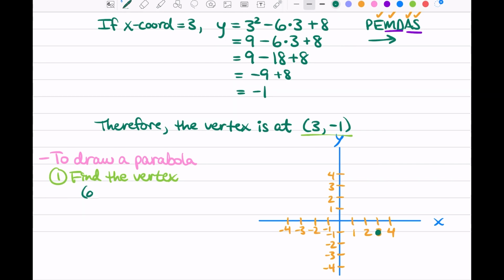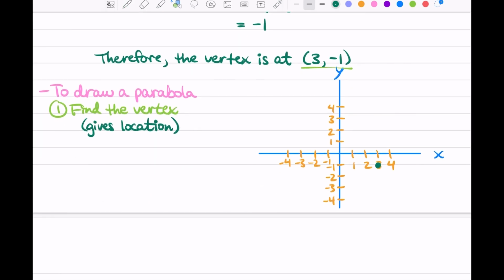And the vertex is important because it gives us the location of the parabola. We know the parabola is somewhere on this graph. It could be up here. It could be down here. But once we find the vertex, it kind of anchors the parabola to one place. We know that our parabola is going to sprout up like a plant from this point.